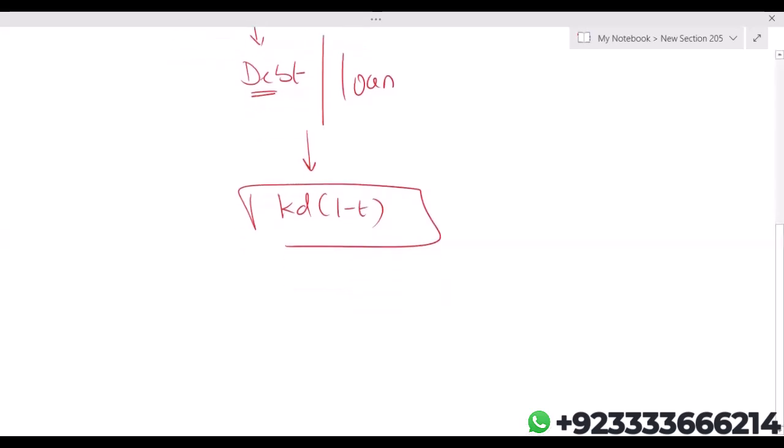Now, when a company raises the finance in the form of debt, there are different types of debts, and in each type of debt, there's a different way of calculating KD(1 minus T). So for example, number one, let's talk about the bank loan. If your company takes a bank loan, you need to know that a bank loan does not have a market value.